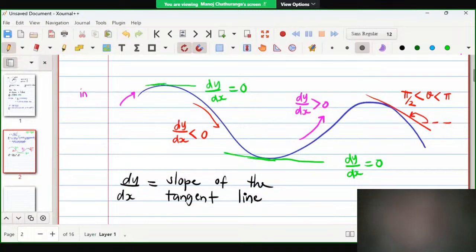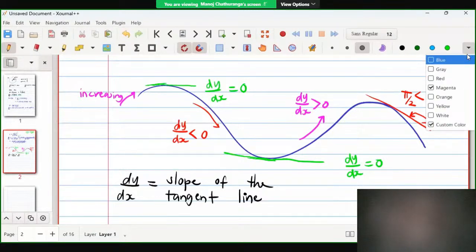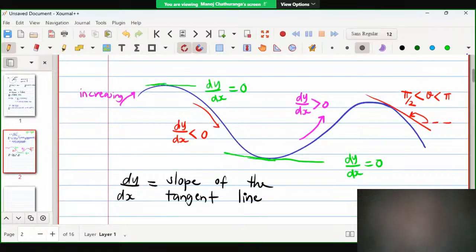Increasing, decreasing, and critical points: the derivative helps us to identify all these features.